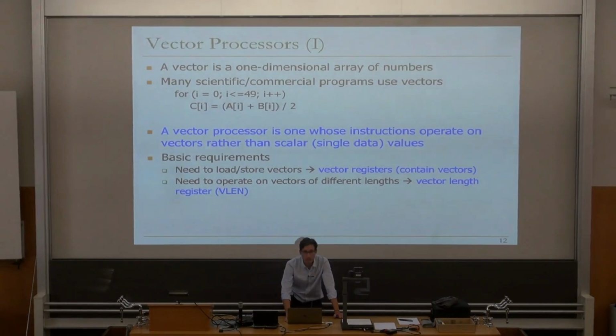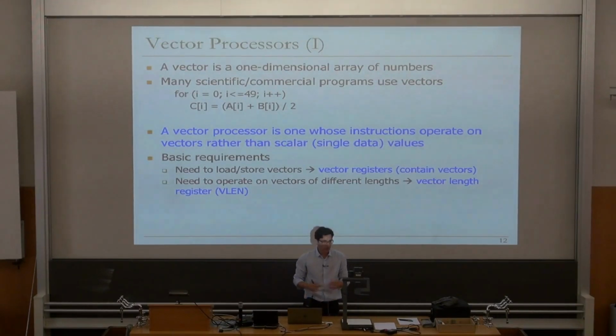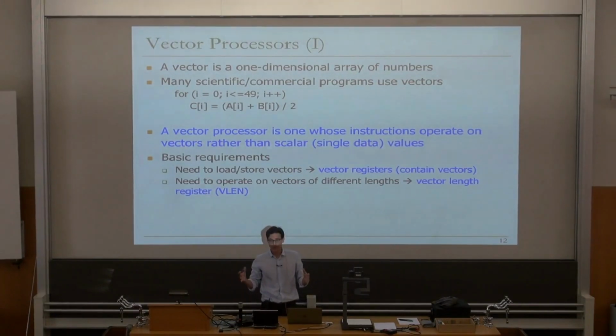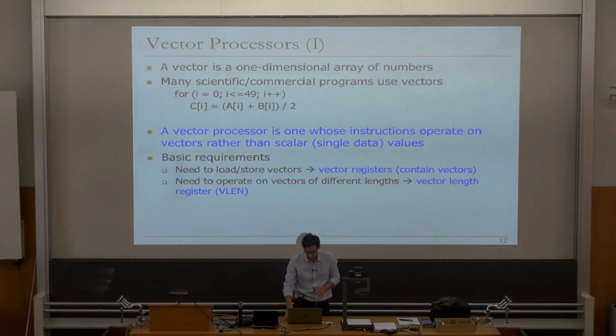And these vector registers have a certain length. That essentially is going to be related to the number of processing elements that we are going to have in our SIMD processor.